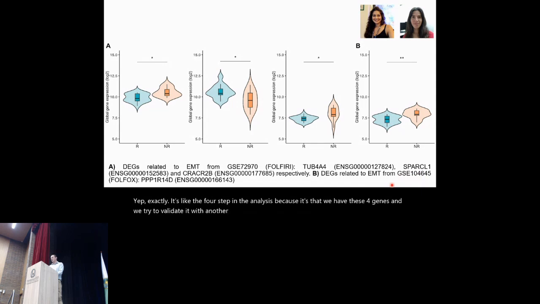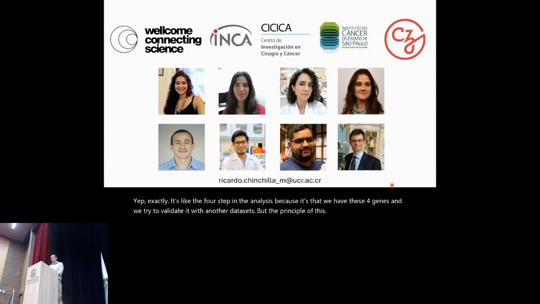But the principle of this work is that we are from different countries, from different institutes, and it's the first effort to do analysis together, because all the people here are from one single cell course in Rio.